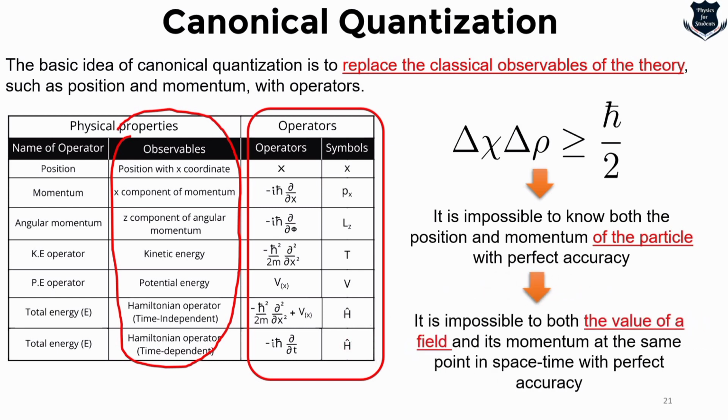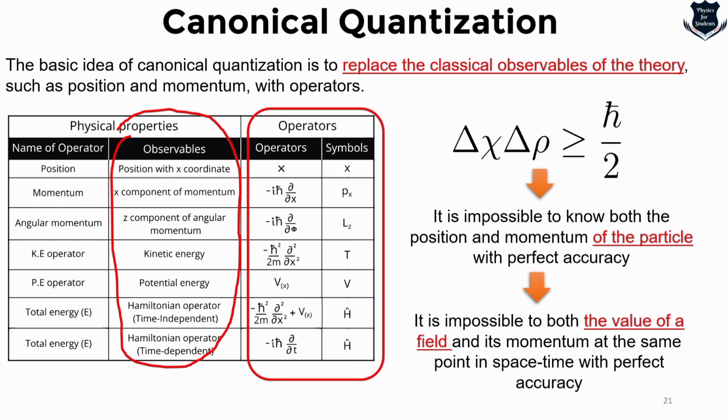But when it changes to quantum field theory, it tells us that we cannot know the value of the field and its momentum at the same time with perfect accuracy. So you see the transition of the particle now becoming a field. However, the observables are now changed into operators.